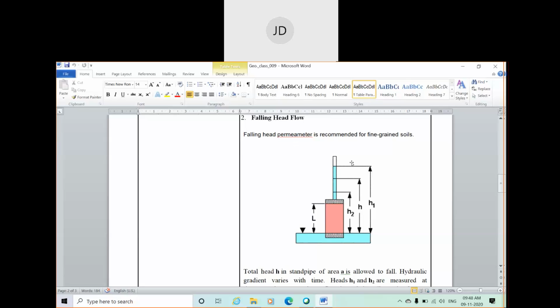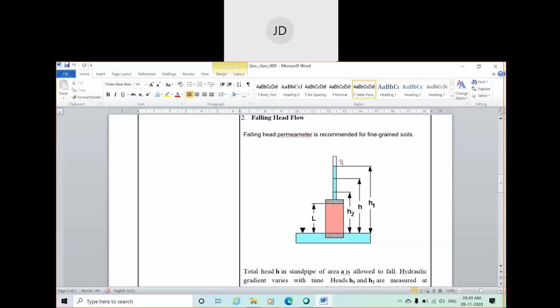Before starting the timer, water is continuously flowing in this standpipe until the soil sample gets saturated, and finally the water comes out and fills the water tank. Now you have to stop the water.